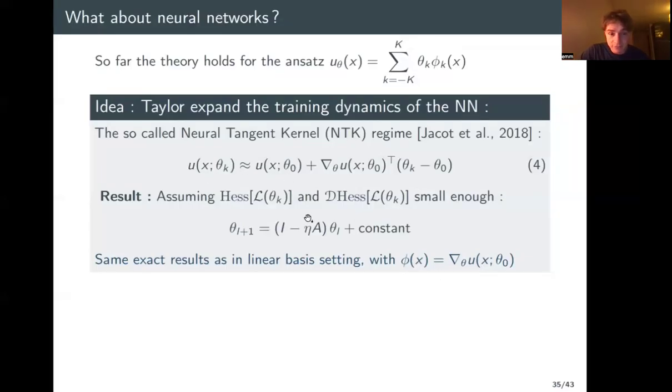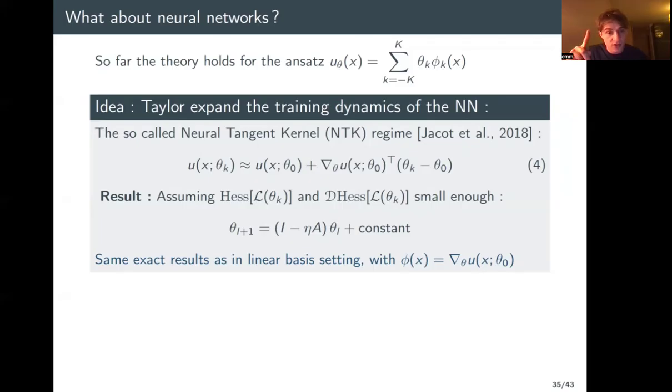Assuming that the Hessian, and the differential operator applied to the Hessian, is small enough, we can consider this tangent linear model for our model.